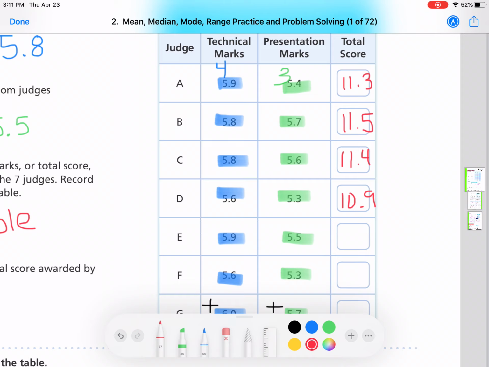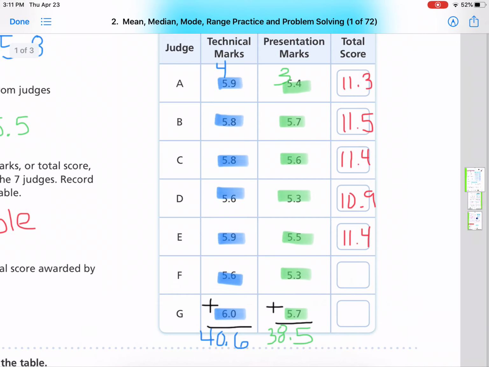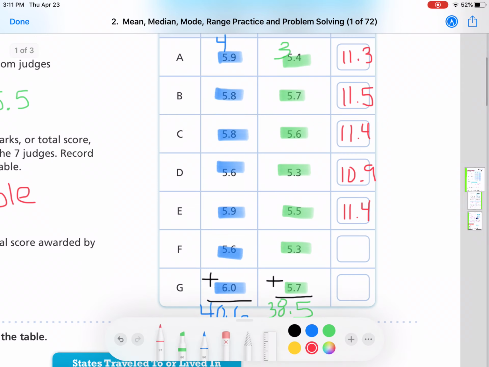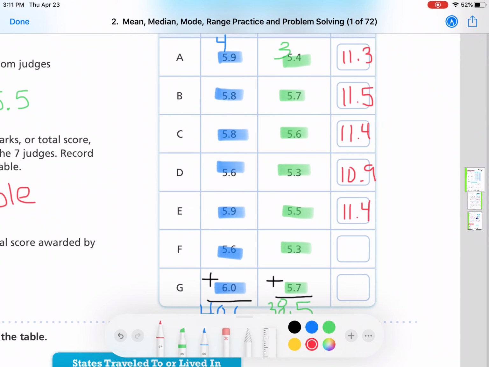For E, we have 5.9 plus 5.5, which is 11.4. And then for F, we're going to have 5.6 plus 5.3, which will give us 10.9. And then G, 6 plus 5.7 will give us 11.7.